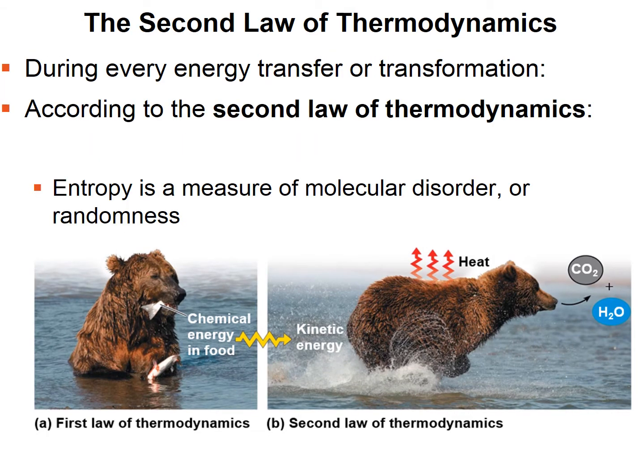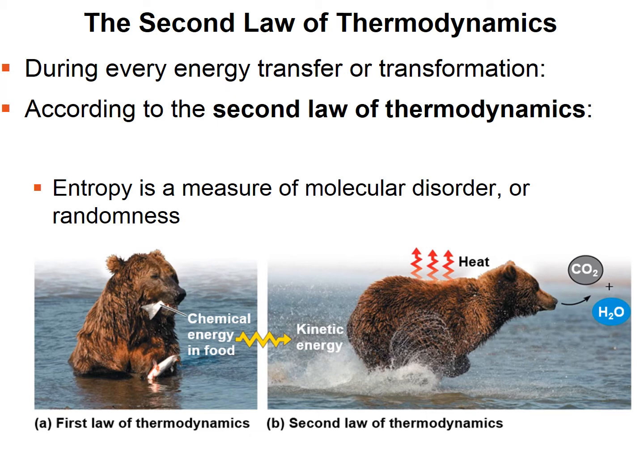During every energy transfer or transformation from one form to another, some energy is going to be unusable. This is often lost as heat. So according to the second law of thermodynamics, every energy transfer or transformation increases the entropy of the universe.